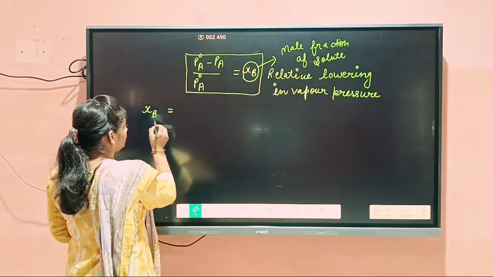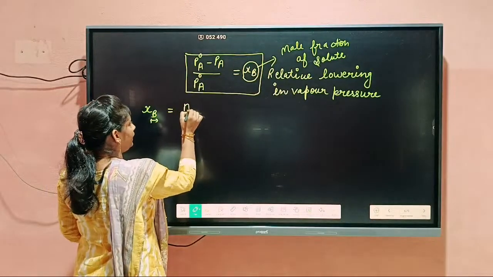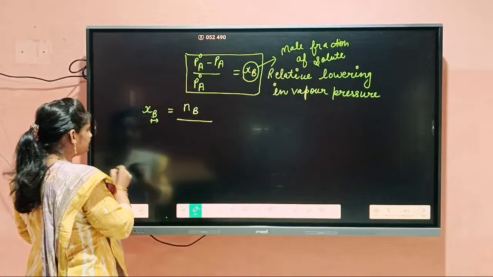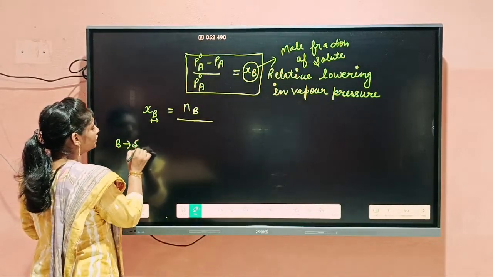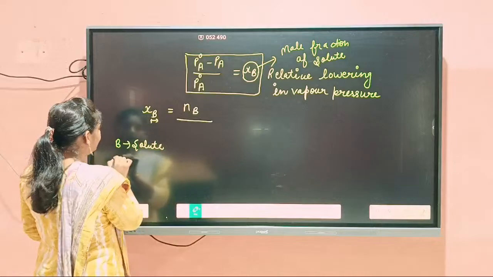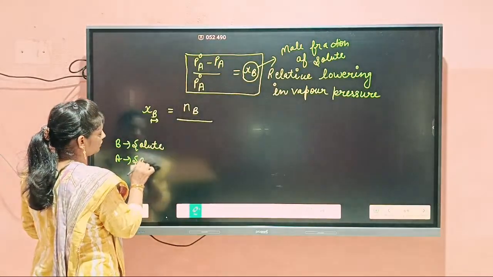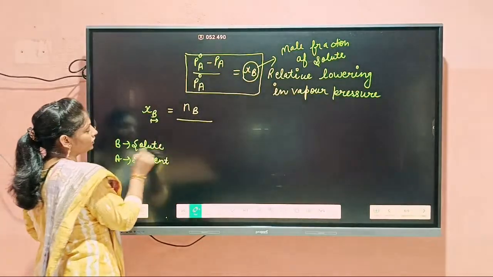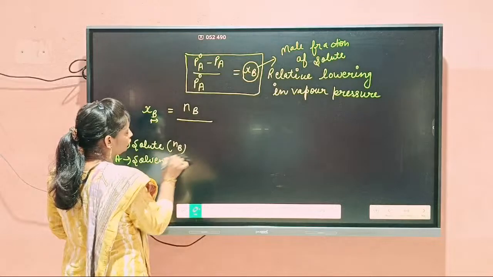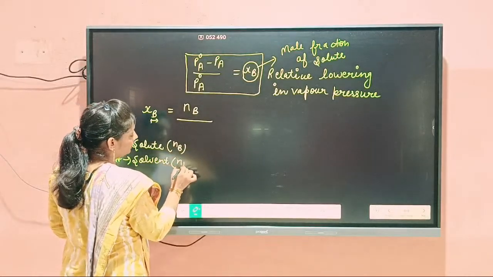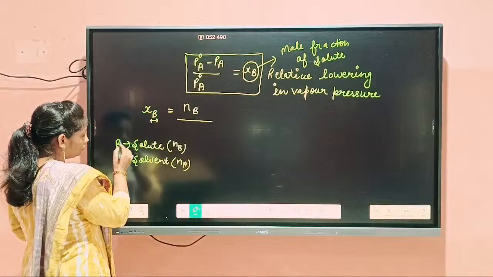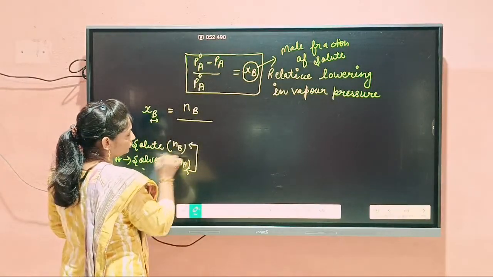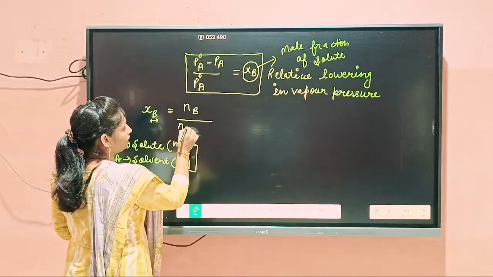Let us consider the number of moles of B is NB, divided by the total number of moles. Students, here B is the solute and A is the solvent. Let us consider total moles of solute NB and total moles of solvent NA. Okay, so solute plus solvent form the solution, so the total number of moles is NA plus NB.